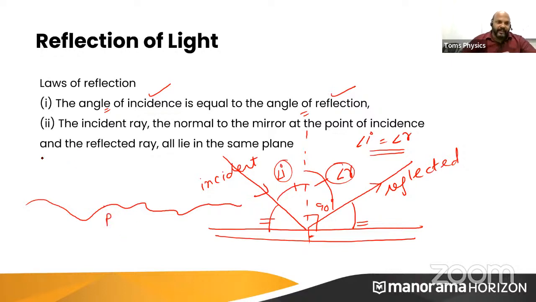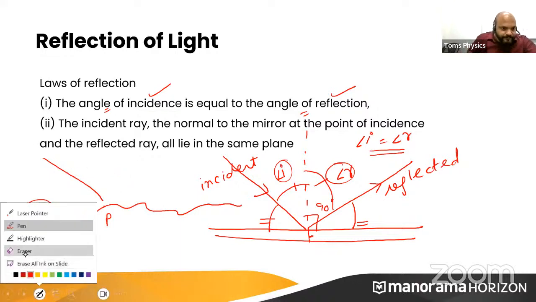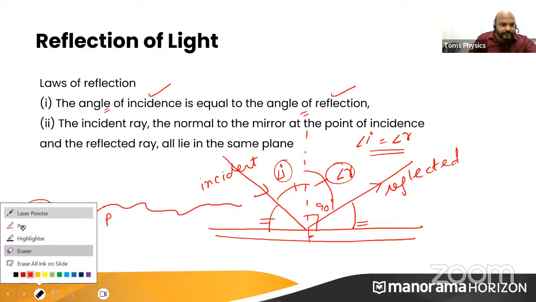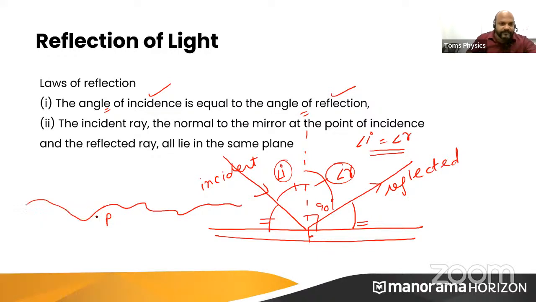And again, we have an incident ray and we have again a reflected ray. Do you see the problem?